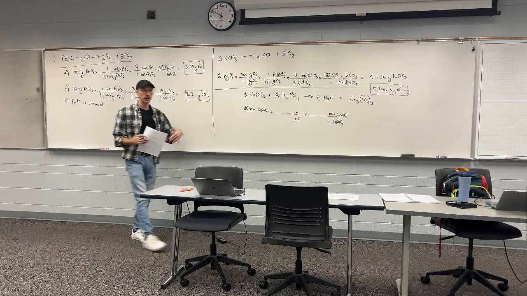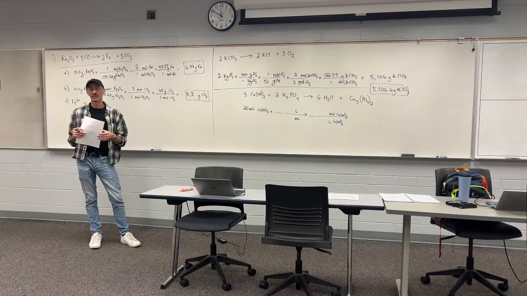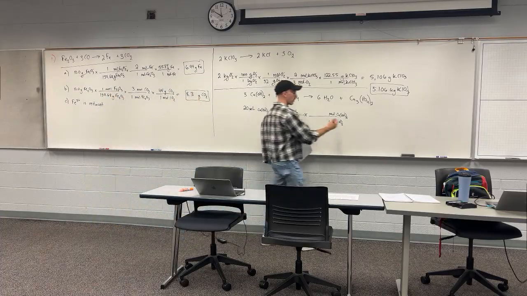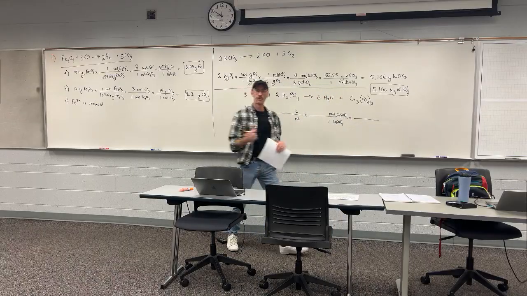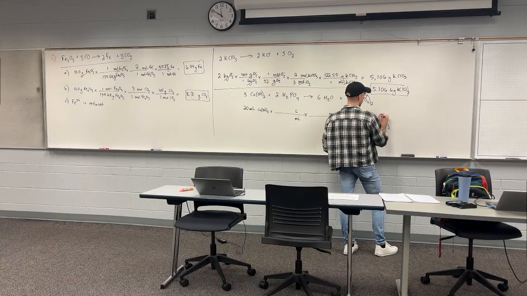What has moles per liter as a conversion factor? Concentration, molarity. Now that I have moles of calcium hydroxide, I can do a mole to mole ratio. Moles of calcium hydroxide on bottom, moles of phosphoric acid on top.